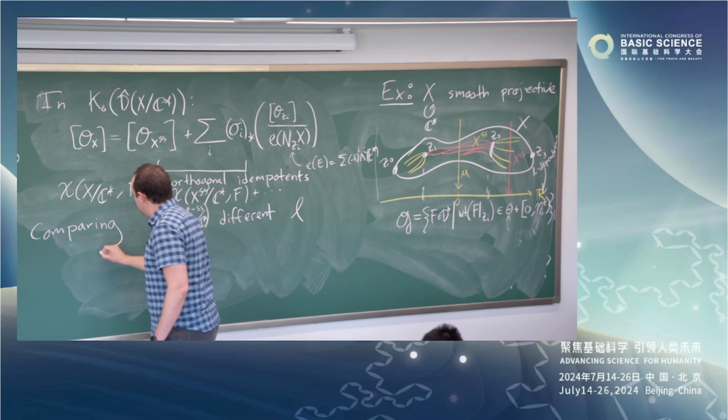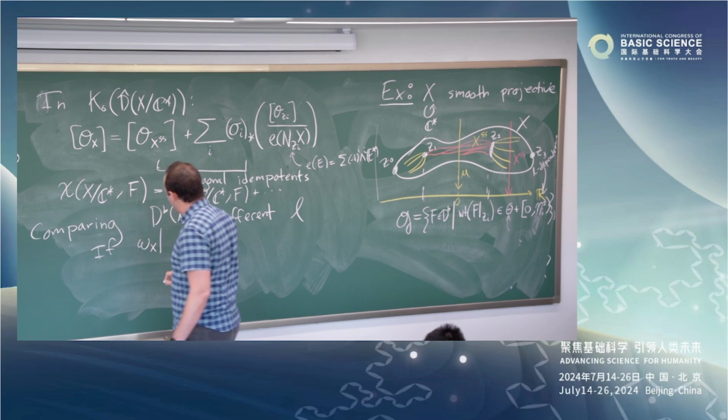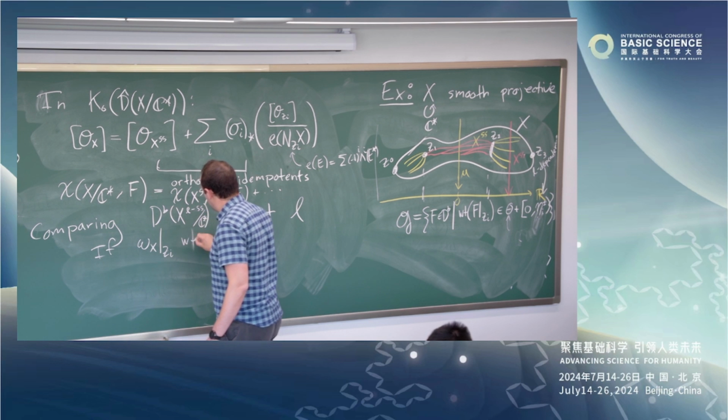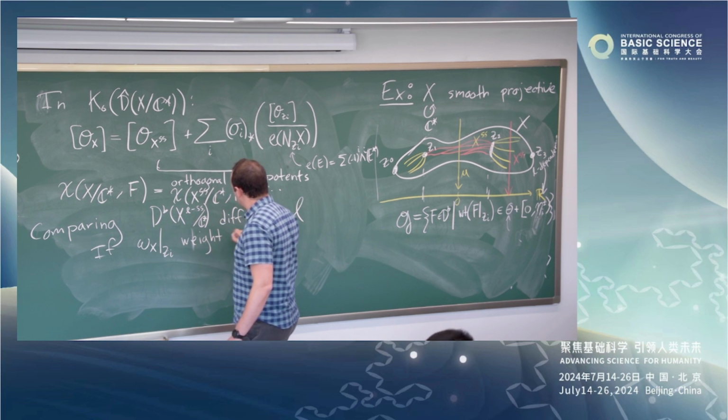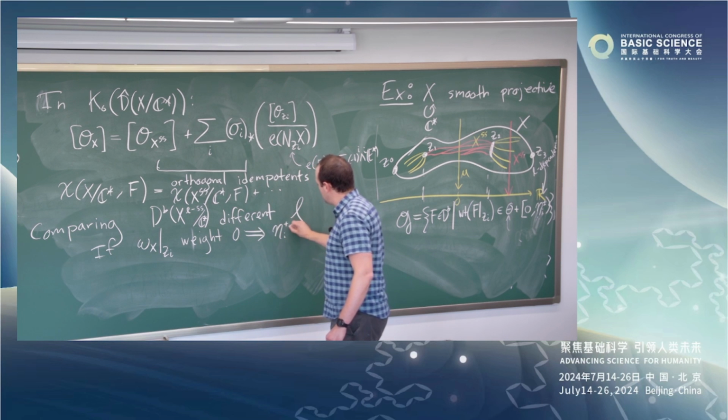So the point is that if the canonical bundle of X restricted to Zi has weight 0, then eta I plus is equal to eta I minus.